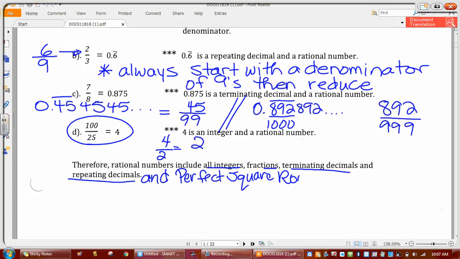So if I've got the number 169 under a root sign, and I say, is that number rational? Well, what you might do is you always try to solve the question. So if I go into my calculator and I go square root 169, I'm going to get 13. It's a terminating decimal. It's not a run-on decimal.